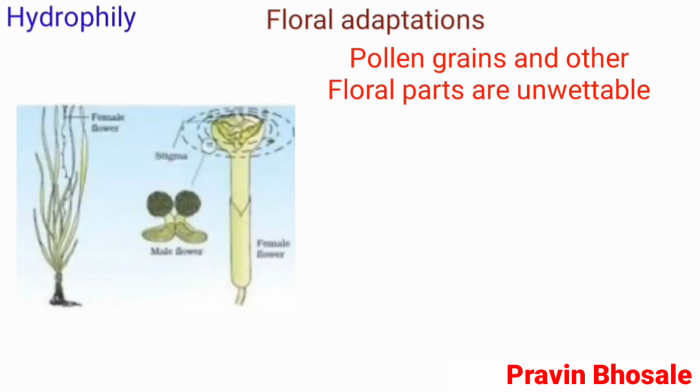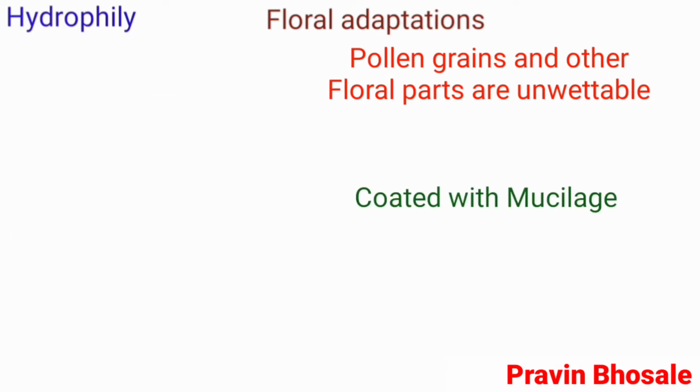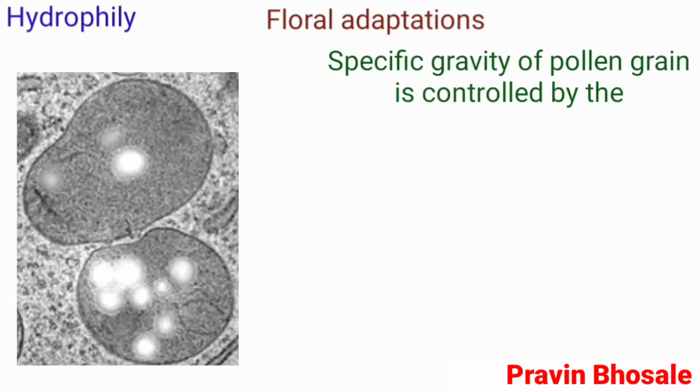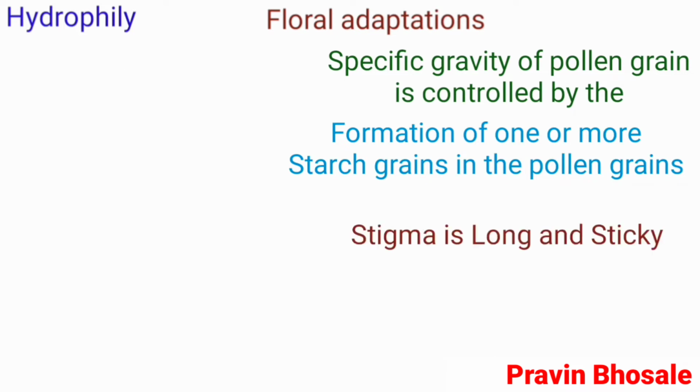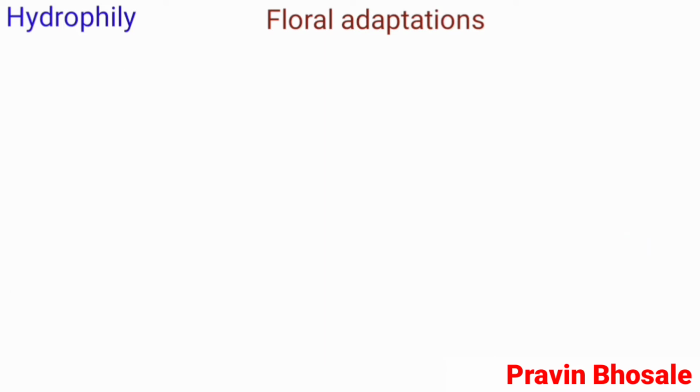Pollen grains and other floral parts are unwettable, that is, coated with mucilage. The specific gravity of pollen grain is controlled by the formation of one or more starch grains in the pollen grains. Stigma is long and sticky.